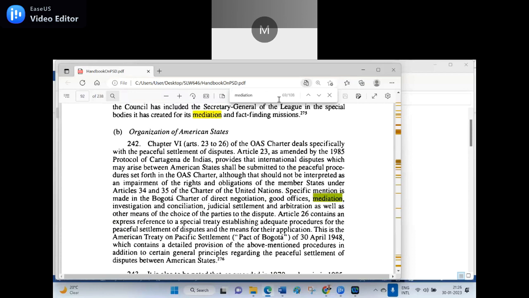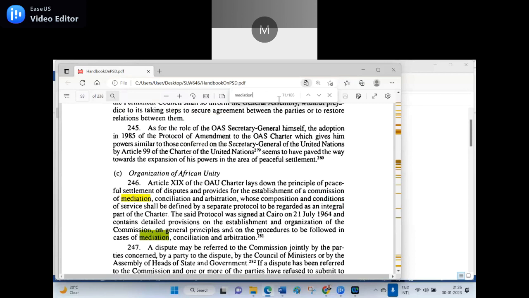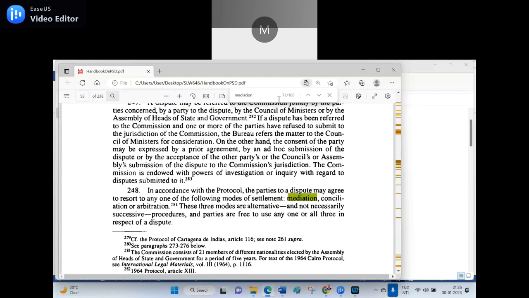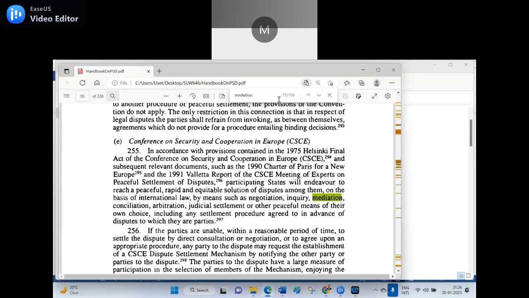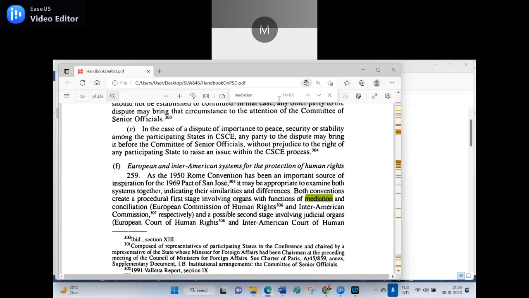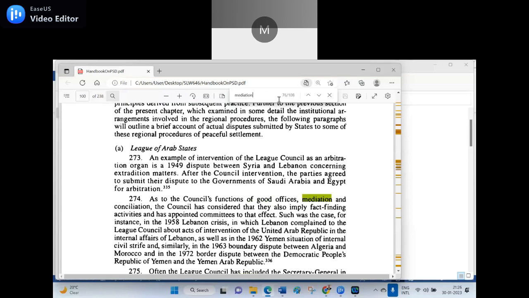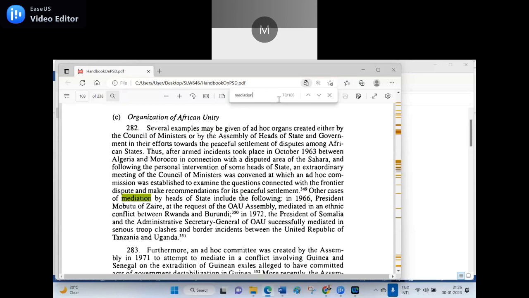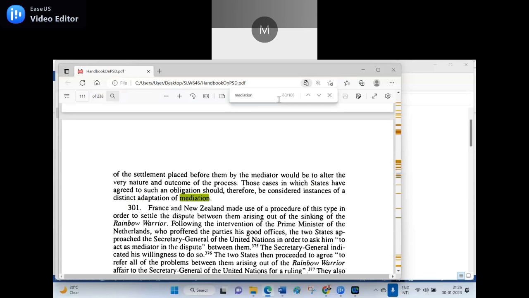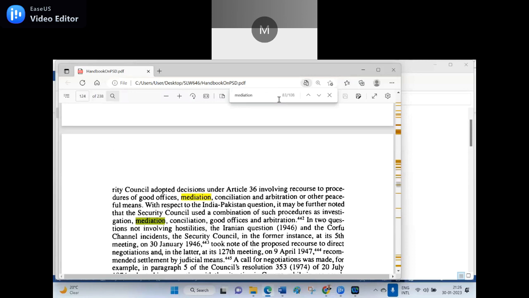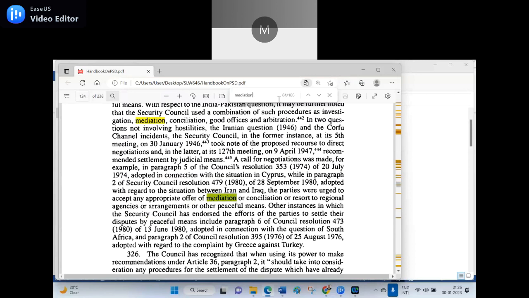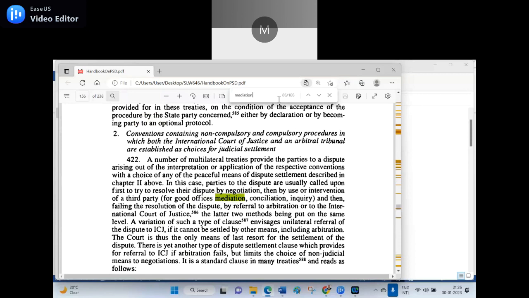The Organization of American States, African Union, African Unity, we dealt with from the regional, from this only, and we also dealt with the European, Inter-American system also from this book only, and the League of Arab States also I dealt with from this book only. So this book is very important because it deals with the peaceful settlement of disputes among the states.